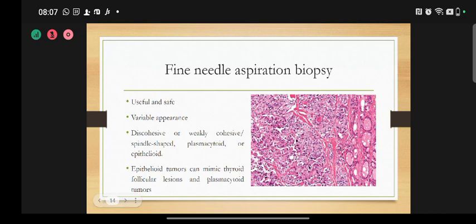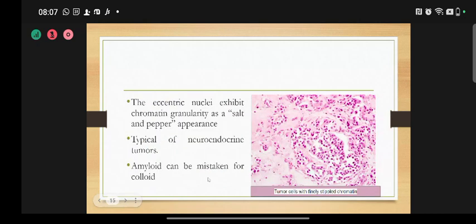And these epithelioid tumors can mimic follicular lesions, as can plasmacytoid tumors. These cells usually exhibit eccentric nuclei with chromatin granularity, specifically known as salt and pepper appearance, which is typical of neuroendocrine tumors. And there will be amyloid, and this amyloid can be mistaken for colloid.